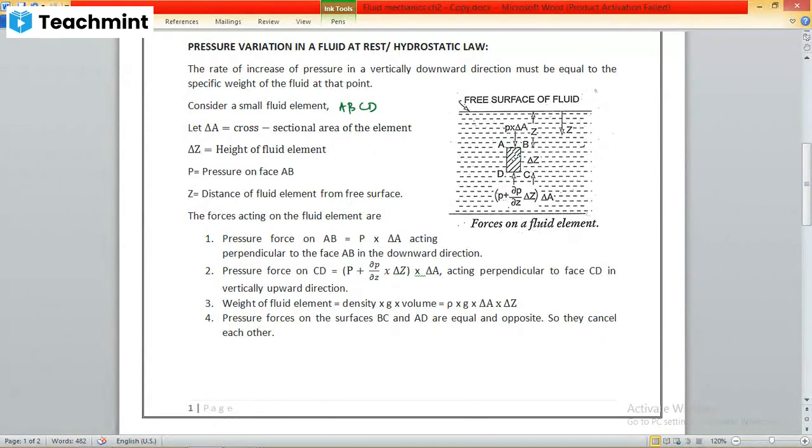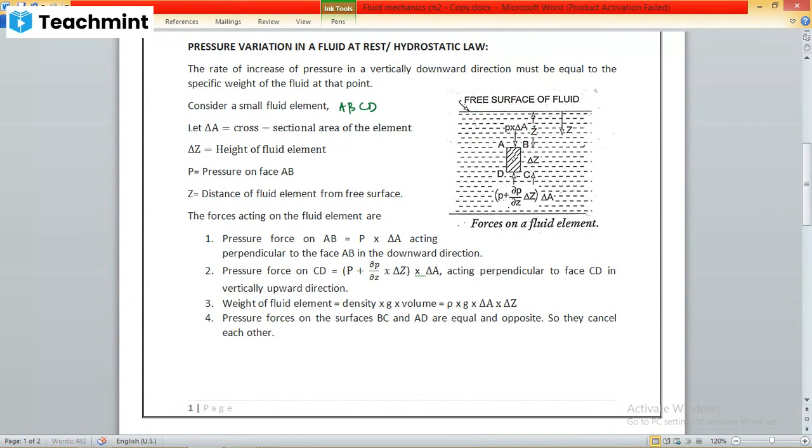On different surfaces, different forces are acting, and your ABCD element is at a distance z. See, this distance is z from the free surface of the fluid, right?